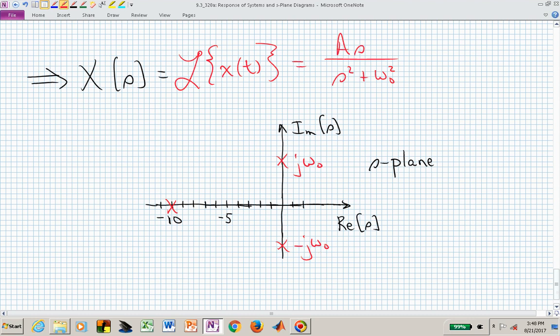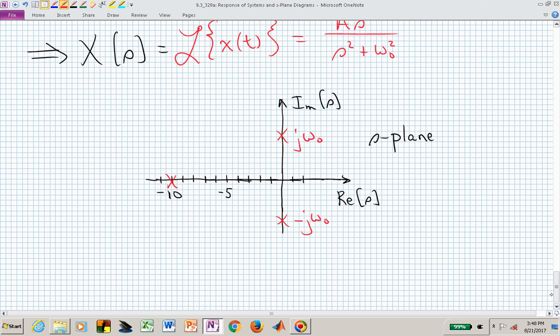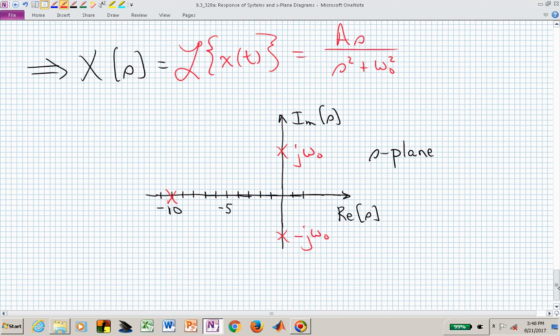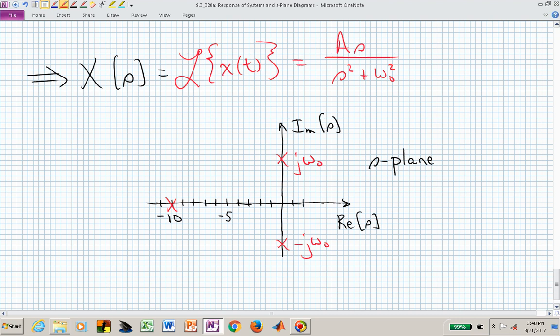Those will now give rise to a Y of S that has not only this fast pole at -10, so we would have a mode of e to the -10t, which will decay in half of a second after 5 time constants, but we will also have poles in Y of S corresponding to these poles on the imaginary axis, and those do not decay with time. They just continue to shake.